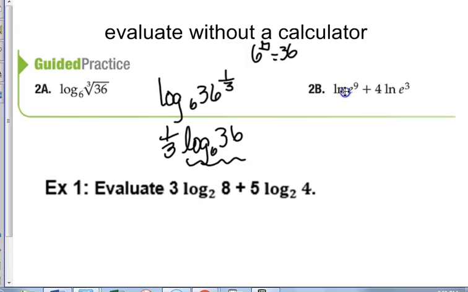Everybody okay? 6 squared is 36. So we replace that. We have 1/3 times 2, which is? Okay, we did really good till we got to the fractions. 1/3 times. Okay, how about 2/3? Can we just say 1/3 times 2 is 2/3?